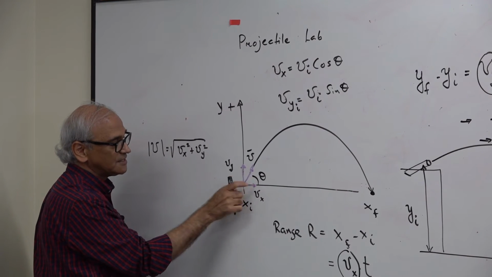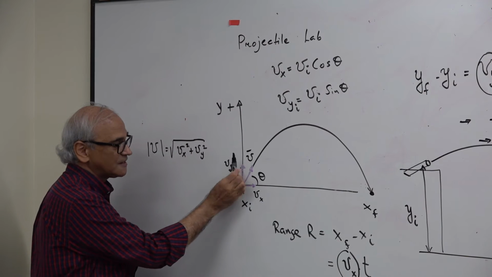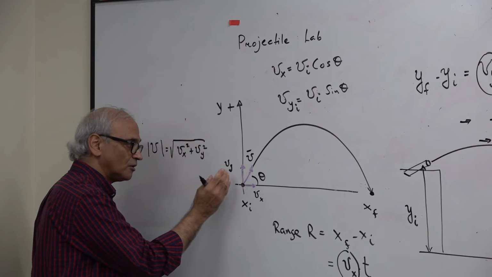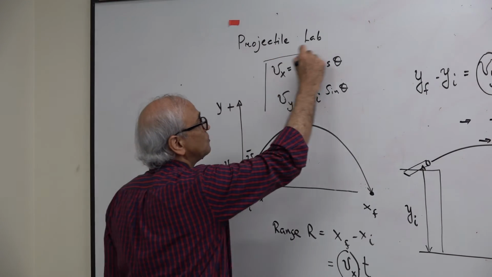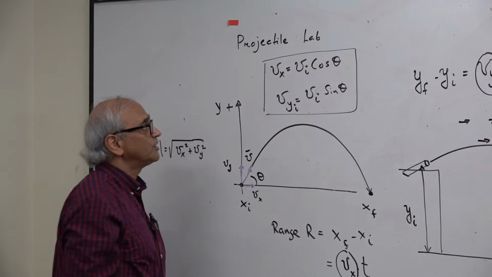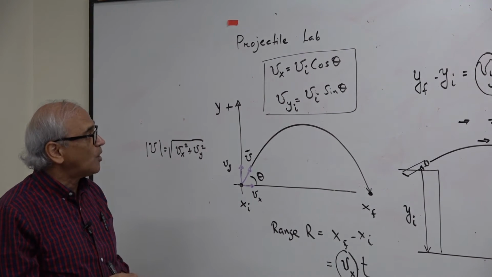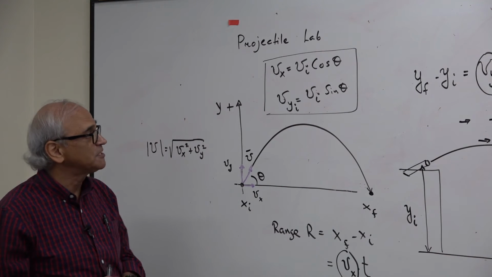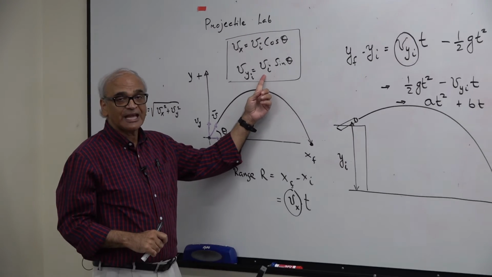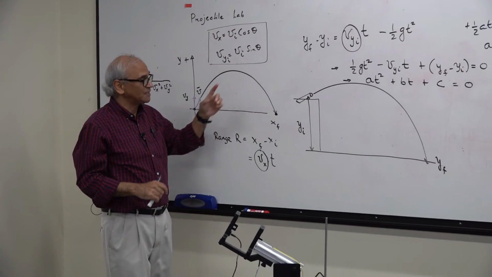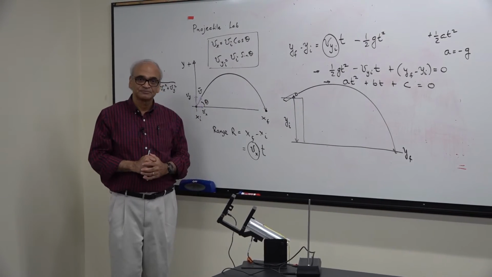V cosine theta is this guy, you take the projection on the x-axis, and V sine theta is this guy, you take the projection on the y-axis, right? So remember this, I'm going to give you the angle so that you can simply plug in there and get that. Well, right now we are going to do an experiment, and we're going to find out what my initial velocity of the cannon will be, and you will get to see the entire equipment at the same time, okay?